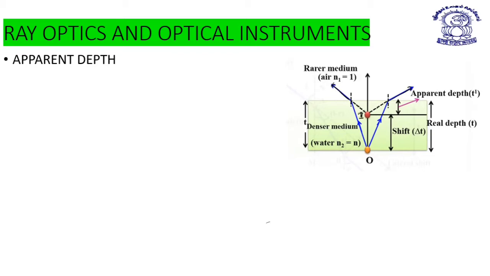So the image is created at point I. Object is at O, but image is created at point I. So there is a shift of the object in the upward direction. So we will feel that the base of the container or depth of the container is lesser. Let's say that is T dash. That is called apparent depth.